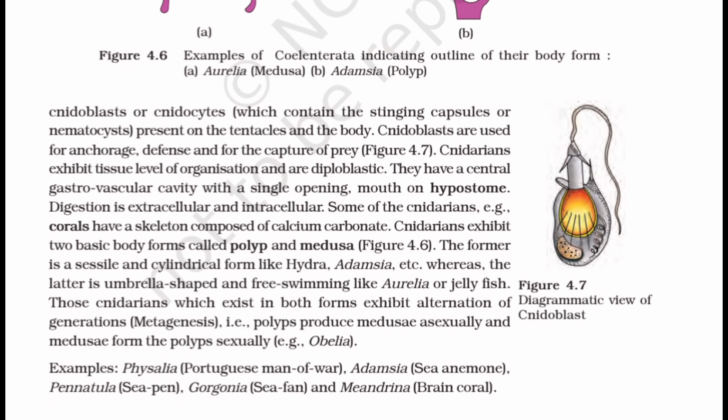The former is sessile and cylindrical like Hydra, Adamsia, etc., whereas the latter is umbrella shaped and free swimming like Aurelia or jellyfish. Those cnidarians which exist in both forms exhibit alternation of generation, metagenesis, that is, polyps produce medusae asexually and medusae form the polyps sexually, for example Obelia.